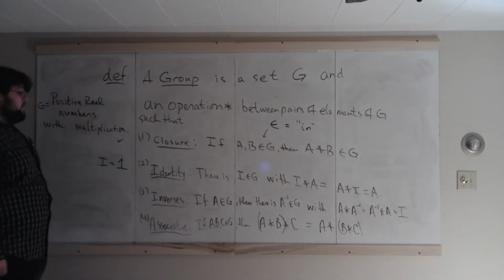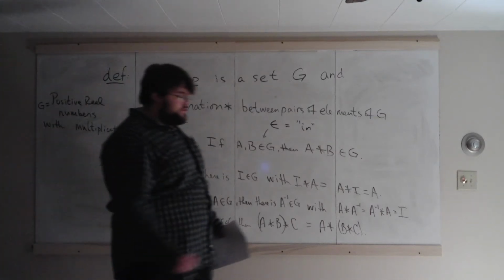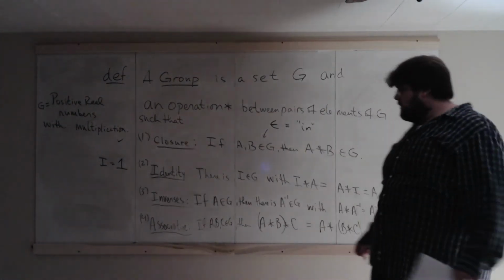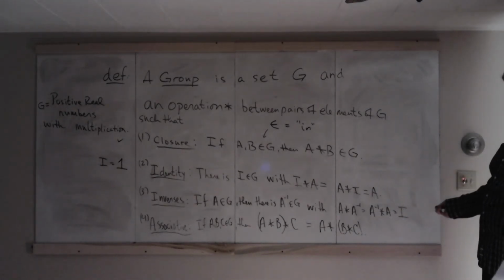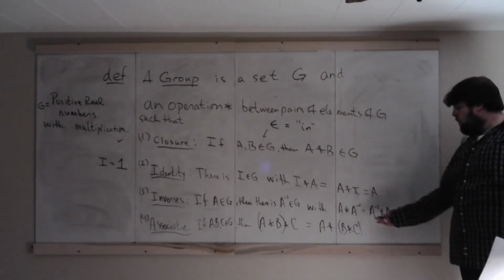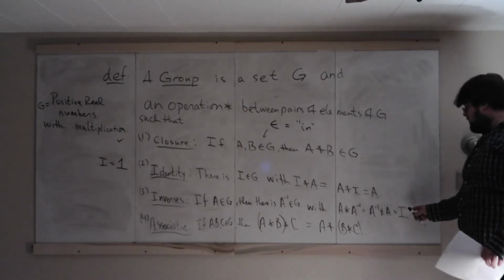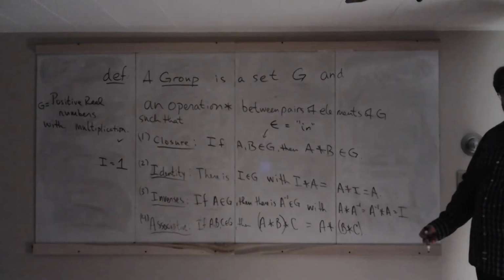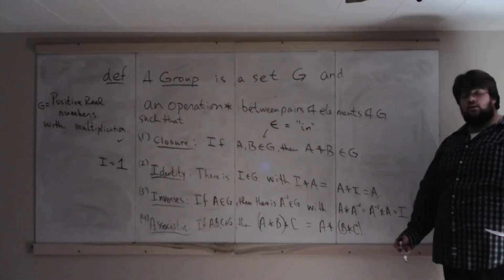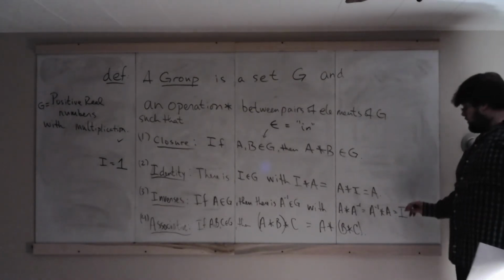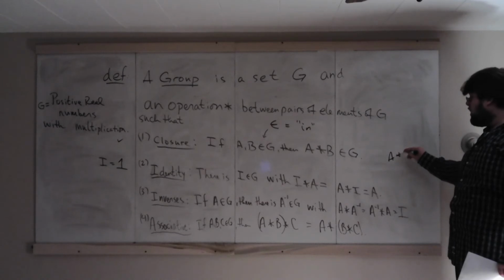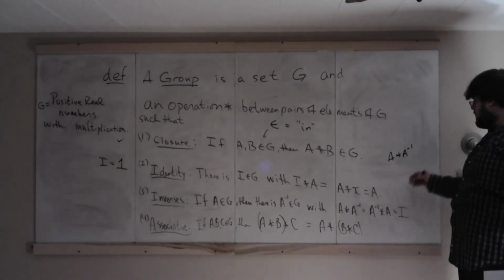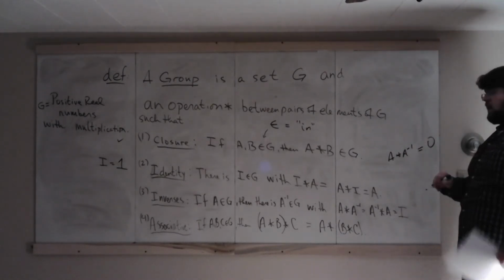Inverses. To figure out what the inverse is and when it exists, you need to know what the identity is. We need to know, in order to find the inverse, what this equals. In our first example, the identity was 0 with real numbers and addition. So we knew we had to make A star A inverse equal A inverse star A equal to 0.